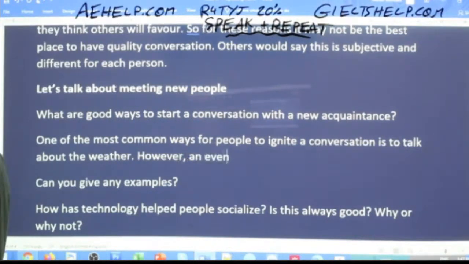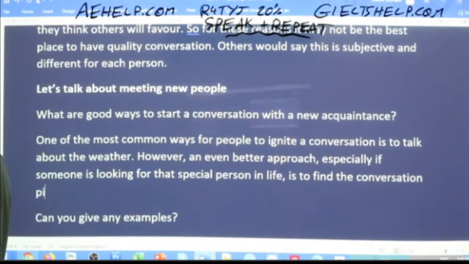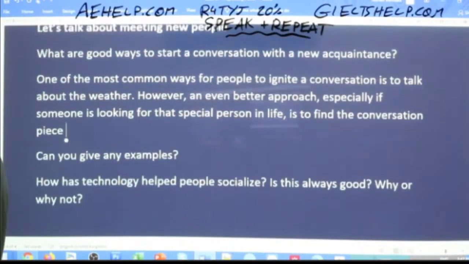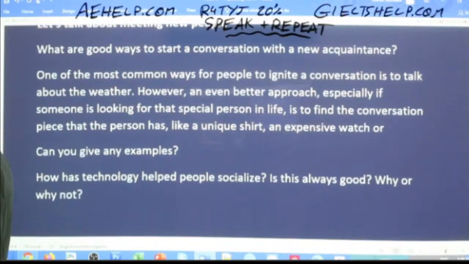However, an even better approach, especially if someone is looking for that special person in life, is to find the conversation piece that the person has, like a unique shirt, an expensive watch, or a new hairstyle.